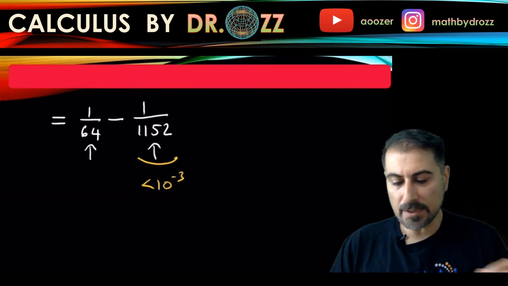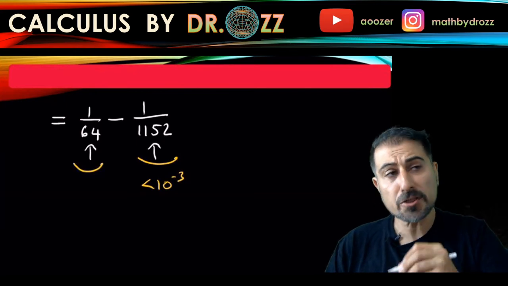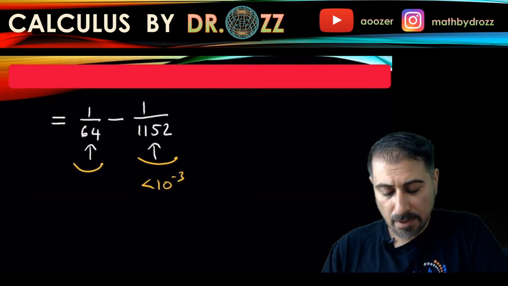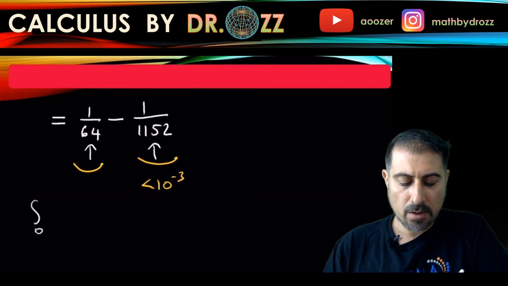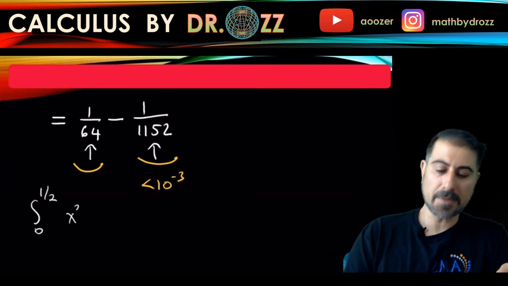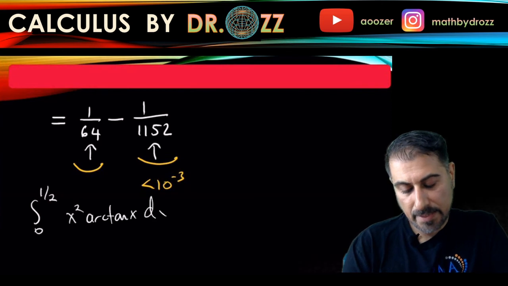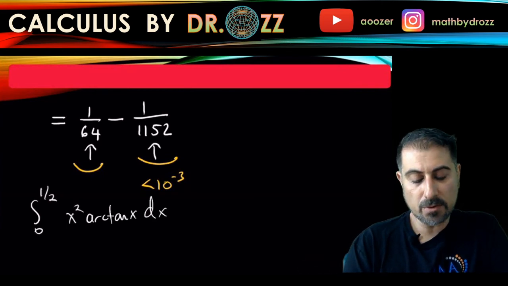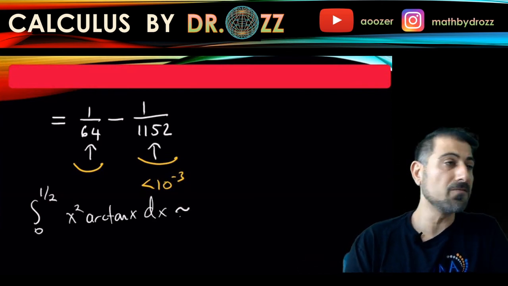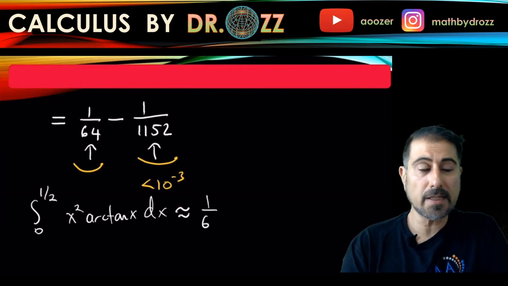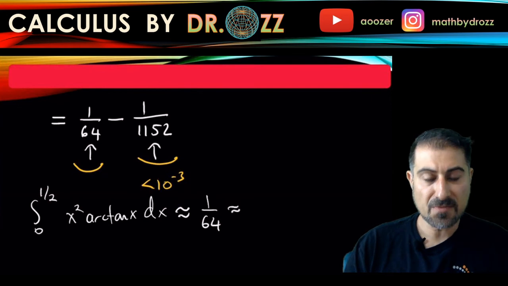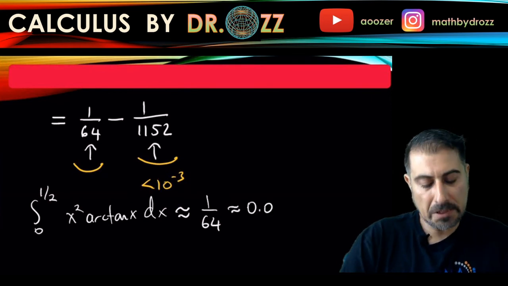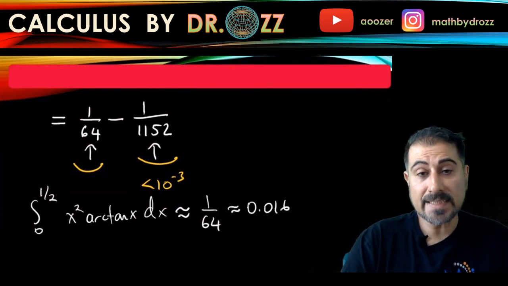Essentially, the integral from 0 to 1/2 of x squared arctan(x) dx is approximately equal to 1 over 64, and if you want, you can use your TI-84 to say that this value is closer to 0.016.